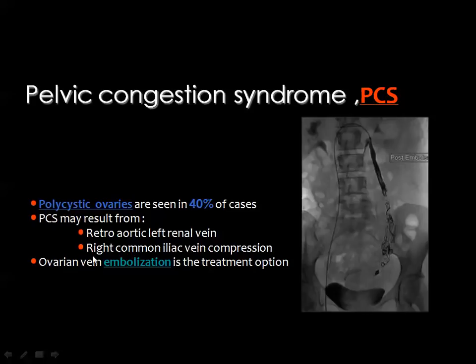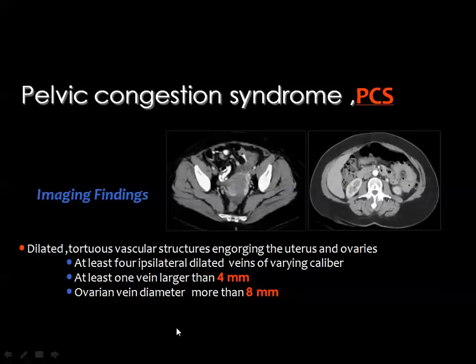Also, the right common iliac vein compressing the ovarian vein on the right side may lead to pelvic congestion, and the treatment of choice is, of course, embolization of these dilated veins.